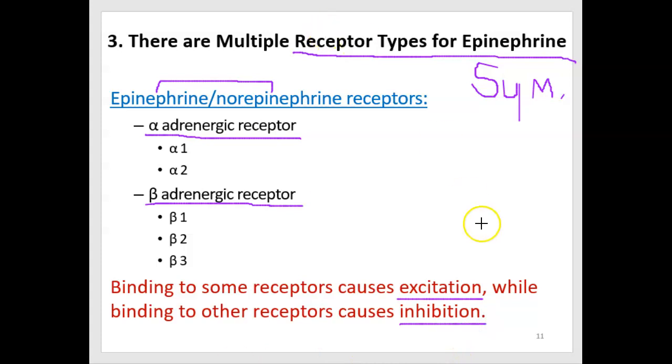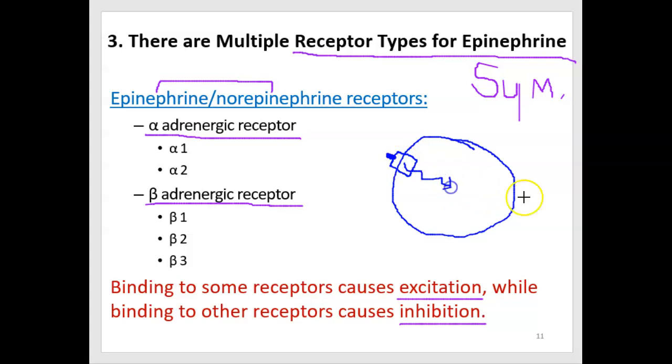So you have to think about the fact that you have a cell, the target cell, that has a receptor on it for epinephrine. And so epinephrine would bind to the receptor and cause some kind of effect. What the receptor's activation causes is what varies.